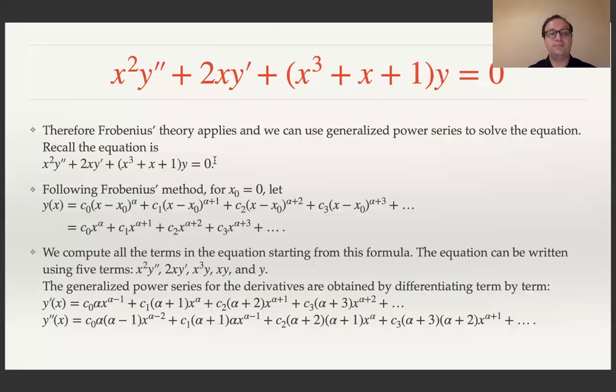So now let's finally use some generalized power series. Let's write the equation again in its initial form: x squared y double prime plus 2xy prime plus (x cubed plus x plus 1) y is equal to 0. And since we know we can use the Frobenius method, let's set y of x equal to some generalized power series.